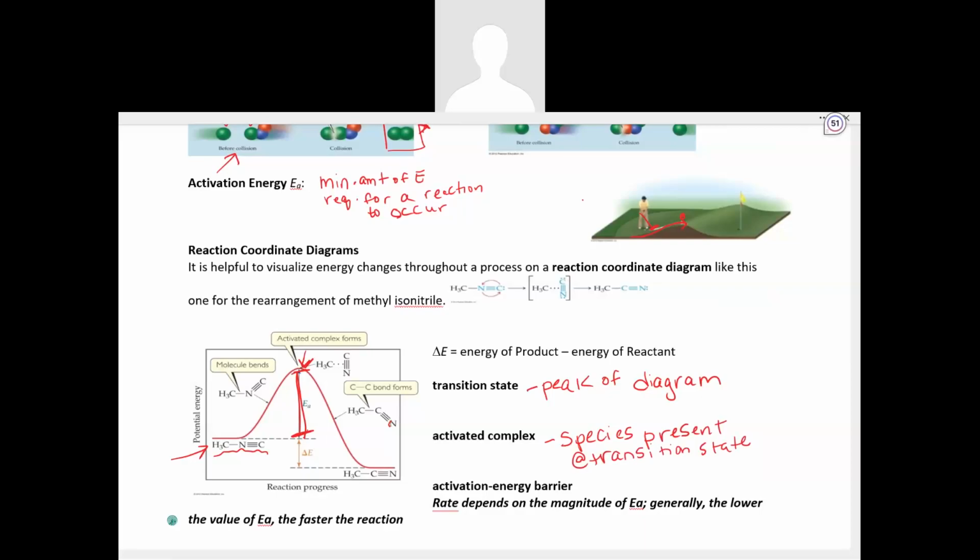So again, we see this depiction of this energy diagram here showing our reactants over here on the left, and then our products shown down here on the right. We see different states of transition as the energy increases, and then we finally have our activated complex at the peak, and then finally our product down here on the right. So this is this reaction up top here, this isomerization reaction, where this compound just rearranges.